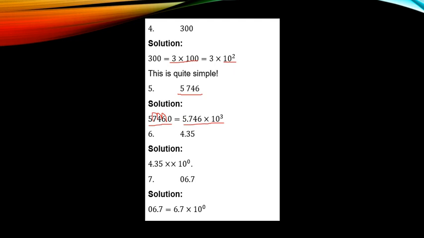Look at number 6. You have 4.37. If you check this number, a is already between 1 and 9. So you cannot express it in any other form than the way it is.